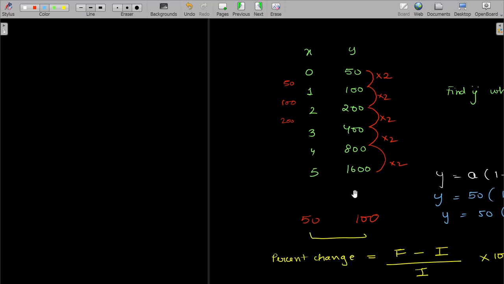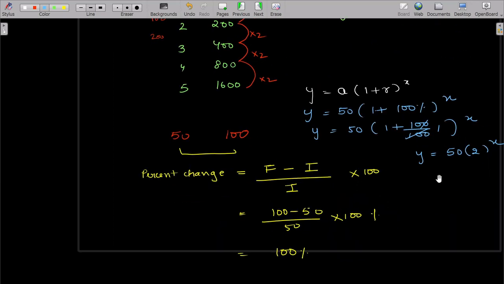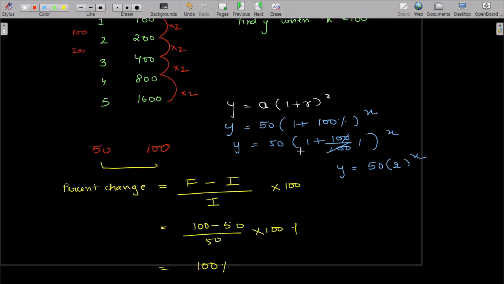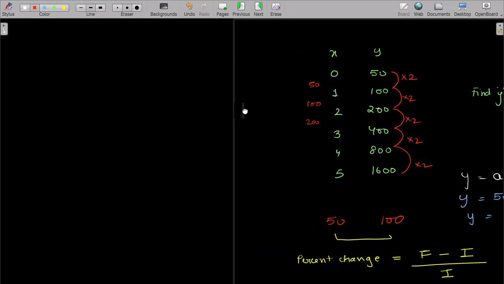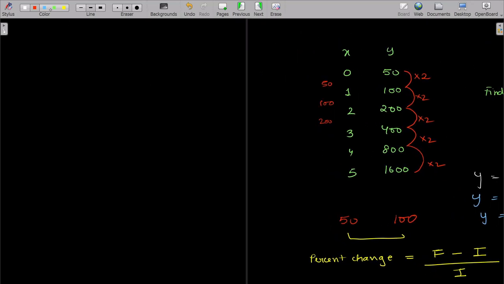And the other way of finding out the equation, Anika: one way is this, that you find out the percentage change between the two values. The other way is that you can identify from here. See, your 100 is equal to 50 times 2, right?